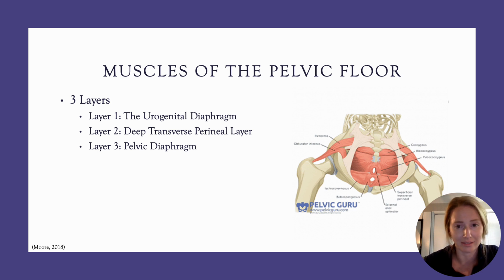We can end up with things like prolapse because if those muscles are holding so much tension, other areas are weak. Tense muscles aren't necessarily strong muscles, so it's important to consider both of those options and think about these muscles when you're assessing them. What do they feel like? What do they feel like to our client?